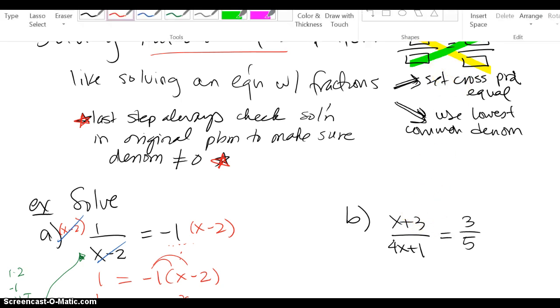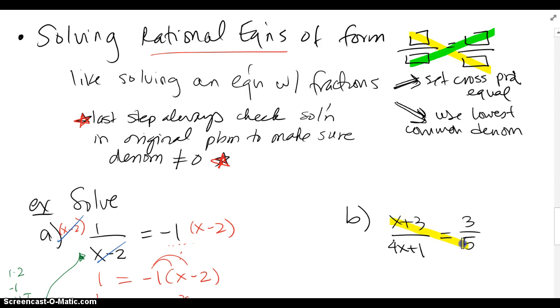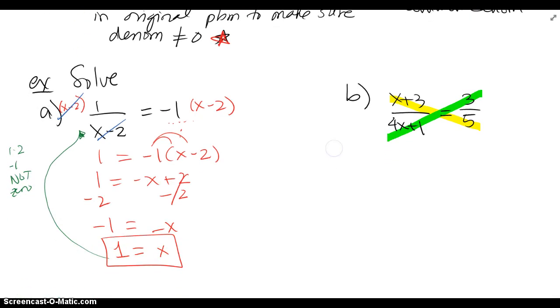I'm going to say the cross product x plus 3 times 5 is the same as, set it equal to, 3 times 4x plus 1. So when I do that, I have 5 times x plus 3 equal to the other cross product, 3 times 4x plus 1. So again, either multiplying both sides by the LCD or the cross product would have worked.